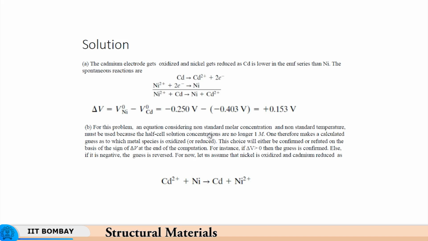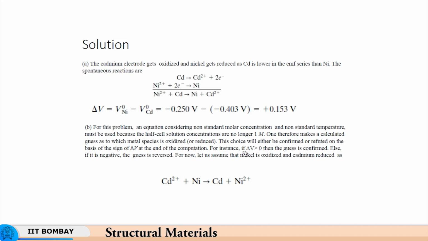Now when the electrochemical concentrations change, so for example you have a non-standard molar concentration and also non-standard temperature, then a half cell solution with 1M is no longer available, because these voltages pertain to a hydrogen electrode and specific concentration and specific temperature. In this case the temperature is 25 degrees centigrade, so temperature is not much of an issue, but concentration is.